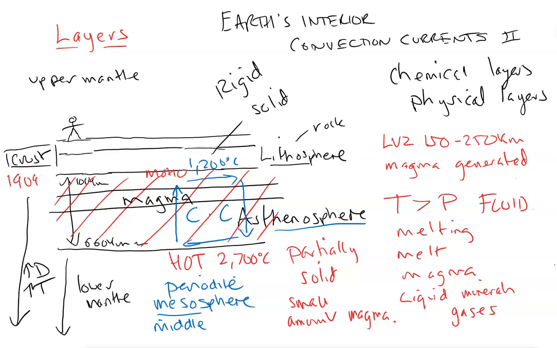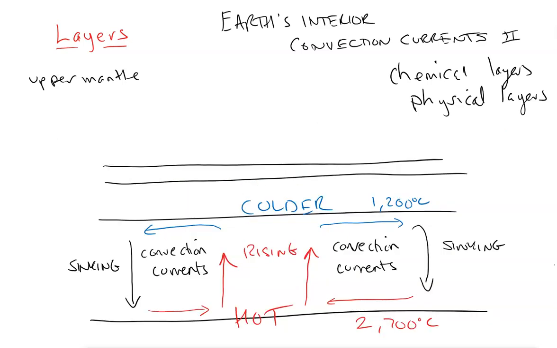So you have this simplified version of the crust, lithosphere, asthenosphere, and mesosphere, or CLAM, as a short acronym.